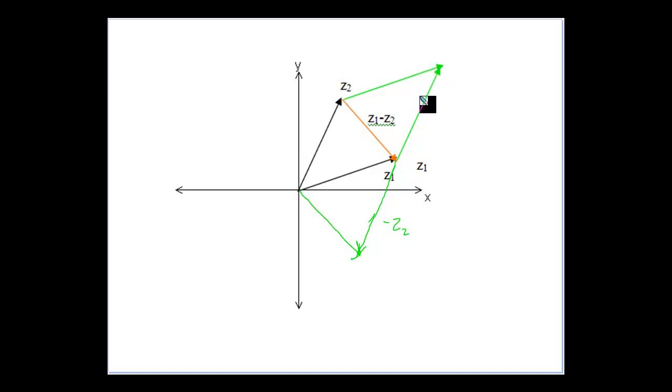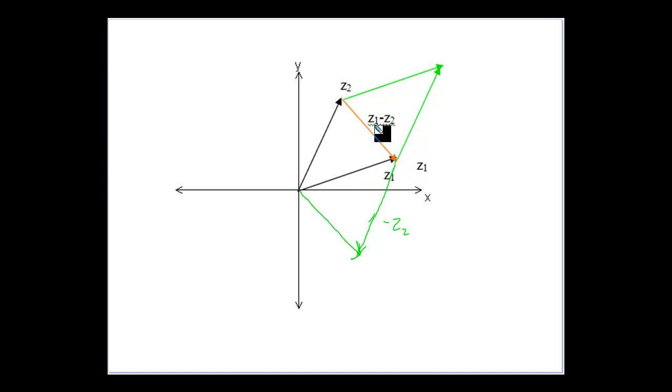Now, if we complete the other sides of our parallelogram as we saw before, with z1, z2, we did the addition to get that diagonal. There's our subtraction, the other diagonal of that parallelogram. So z1 minus z2 is that vector there.